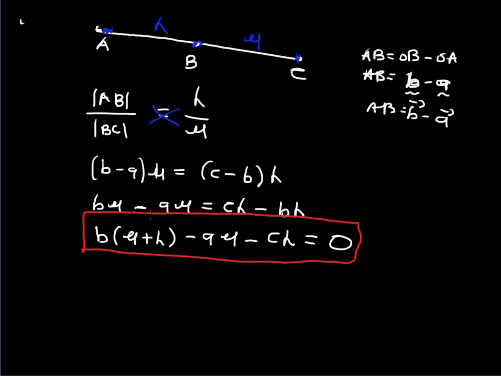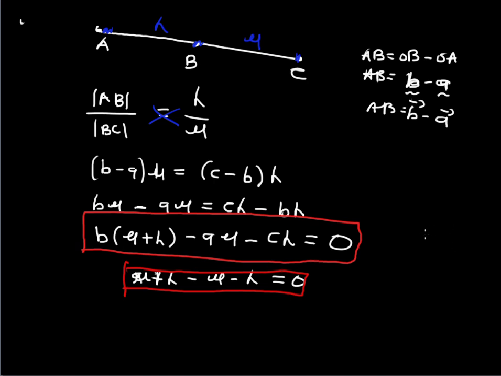From this expression, we can derive that mu plus lambda minus mu minus lambda is equal to 0. This is also our second expression. As I said earlier, we are going to be deriving two expressions for points to be collinear. There are actually more than two, but these are the two basic expressions.